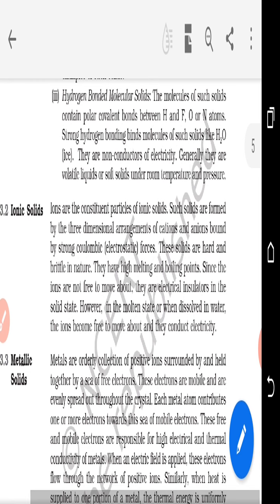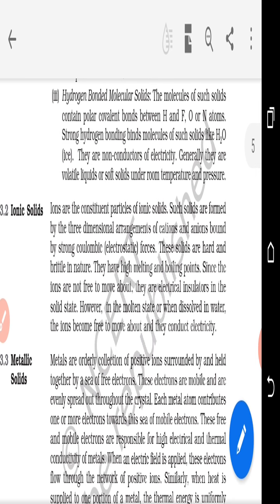The next type of solids are ionic solids, and as the name suggests, the constituent particles of such solids are ions. Such solids are formed by the 3D arrangement of cations and anions bound by the strong electrostatic force of attraction.